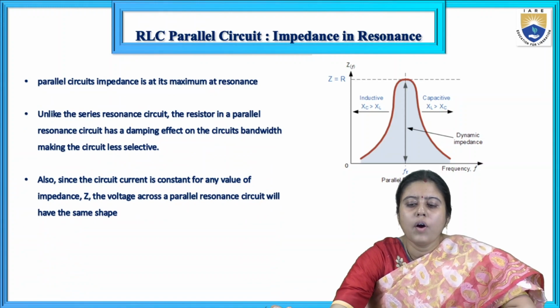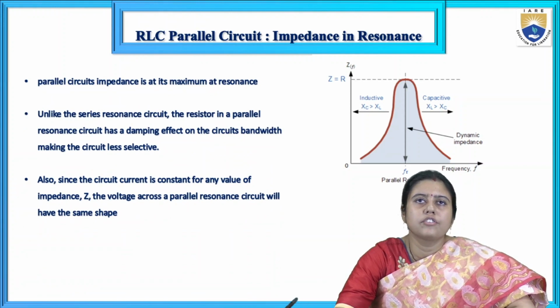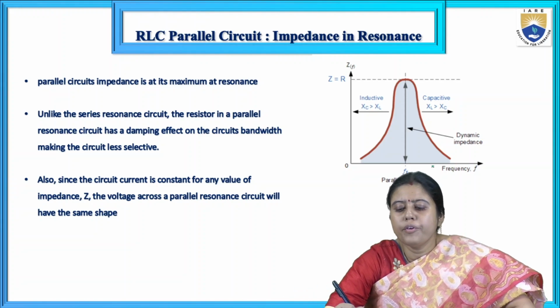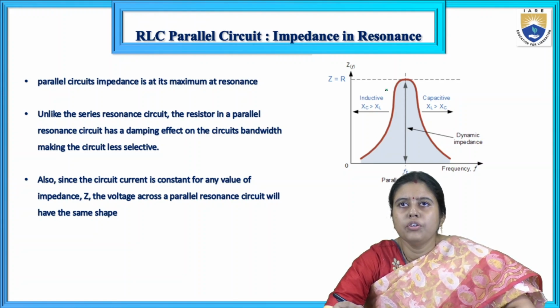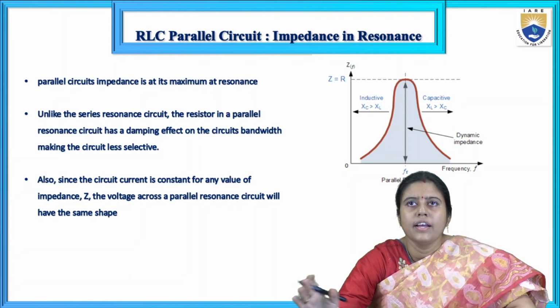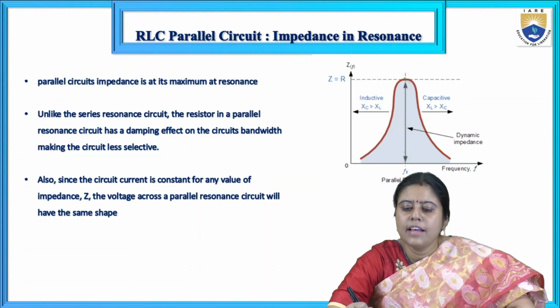So what is the case for the impedance? Now we will discuss this with the curve. If we increase the frequency, the impedance will increase, and at the FR point, Z is maximum.